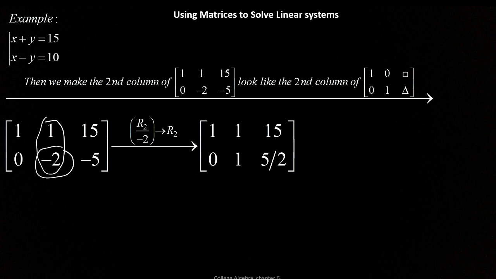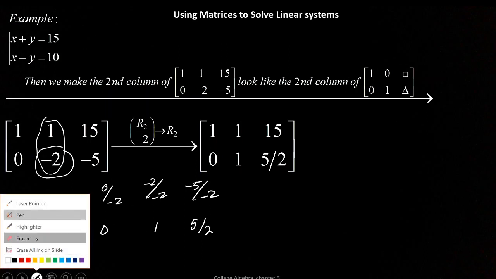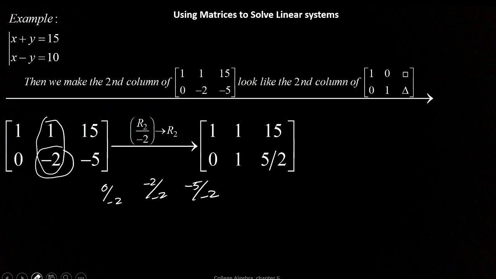We're going to take row 2, which is this, divided by -2, and put it instead of row 2.